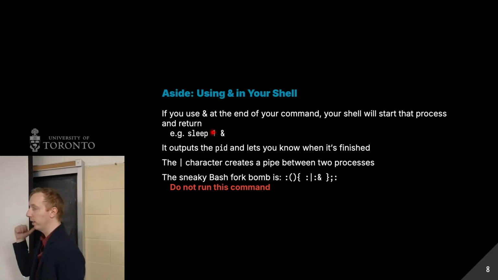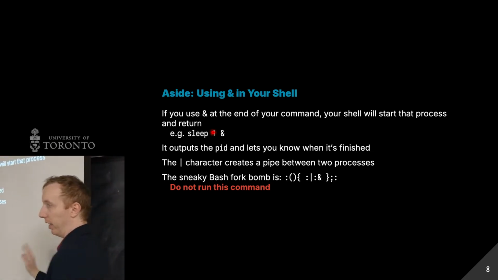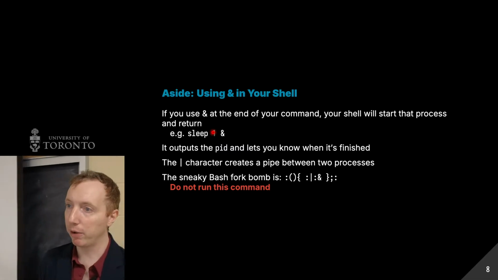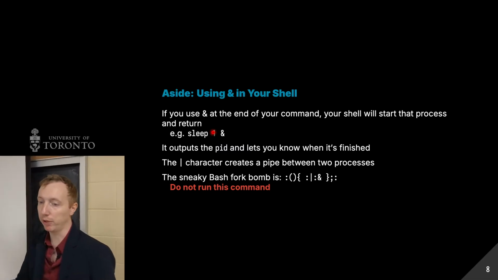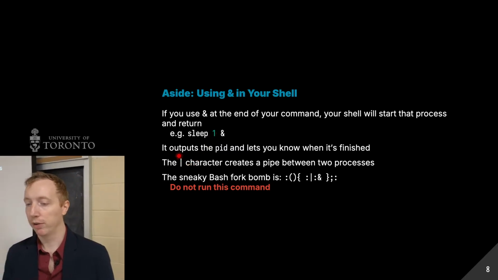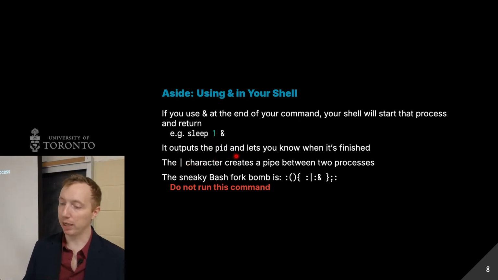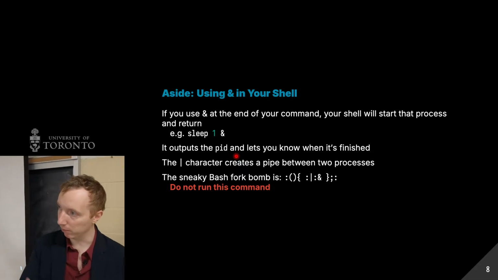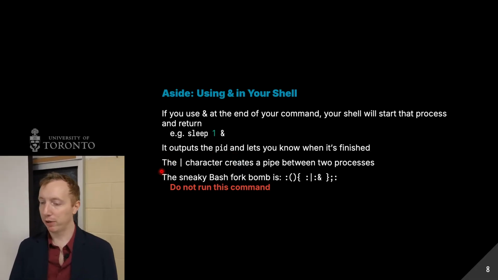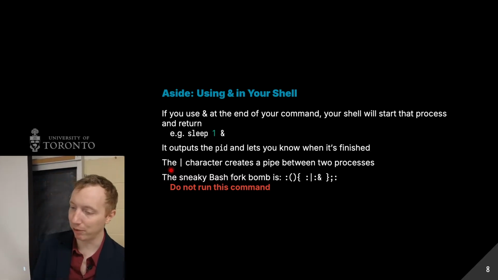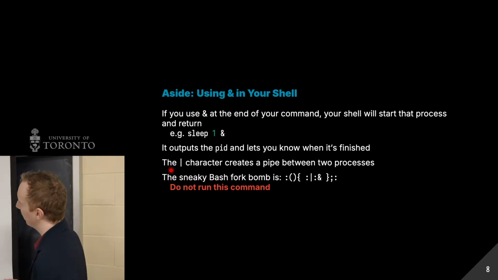It will just fork it and let it fly, and it will complete in the background. It doesn't explicitly wait for it in order for you to regain control of your terminal. So you'll see some output of the PID to let you know when it's finished, and it will clean it up. But that bar character again creates a pipe between 2 processes.